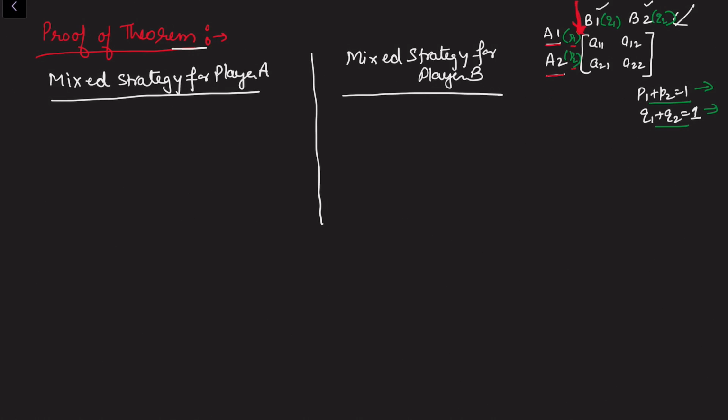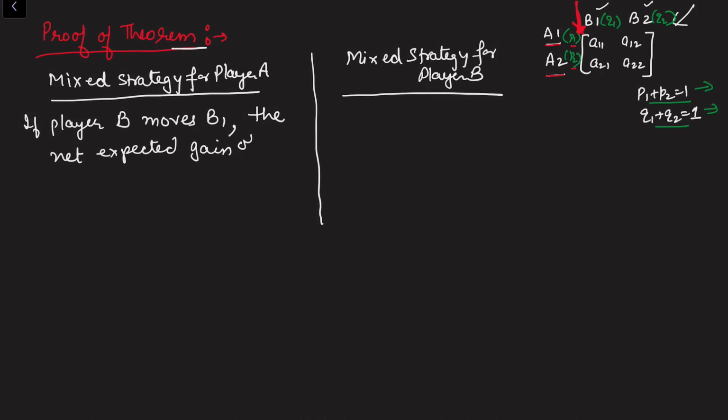So I am fixing now, if player B moves B1, the net expected gain of A is A11 with probability P1 plus A21 with probability P2.